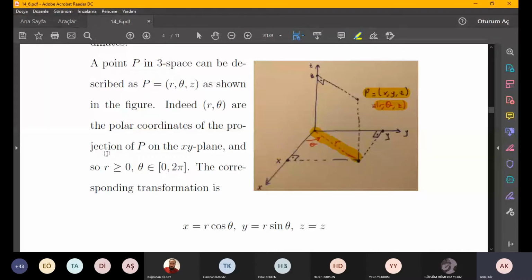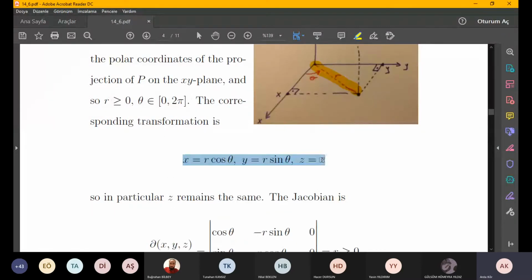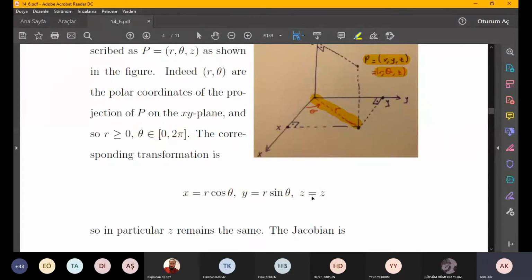So r has to be greater or equal to 0, and theta is between 0 and 2 pi, as in polar coordinates. And the transformation for cylindrical coordinates will be like that. So this one you already know from polar coordinates: x equals r times cosine theta, y equals r times sine theta, and we take z here as z.